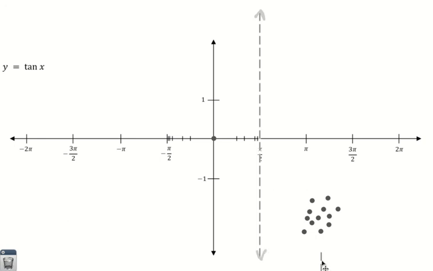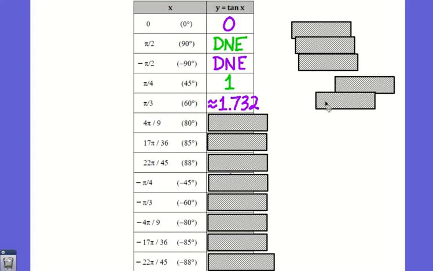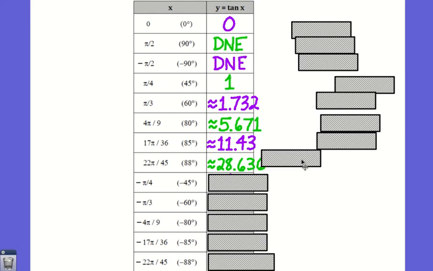It's kind of like a force field. Same thing with negative pi over 2. We have a vertical asymptote over here as well, which is kind of like a force field on the graph. Okay? That's what happens. The rest of the table is going to kind of look like this.